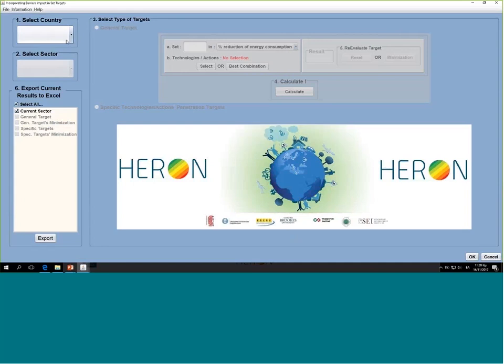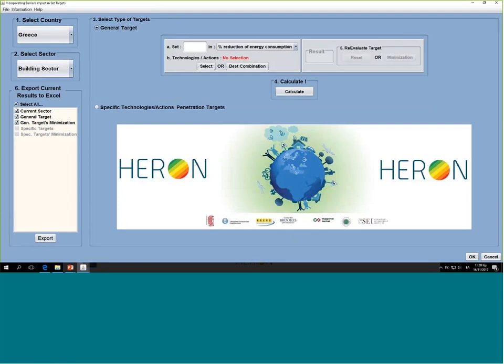So we have here the second main screen where the user can select according to his or her preferences. We select the country, the sector is the building, and the general target is set. We can set any energy efficiency target that we want. You can see the several options that are here.